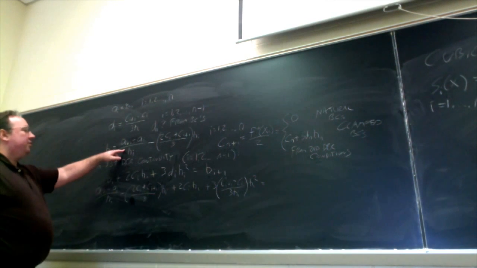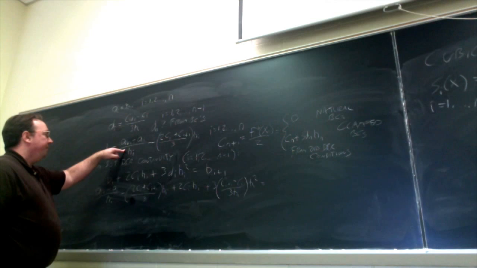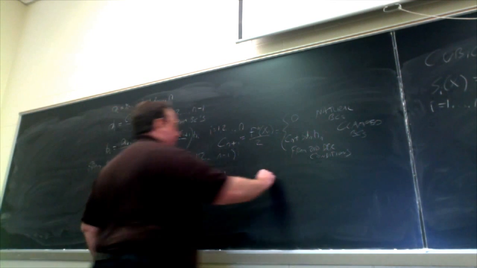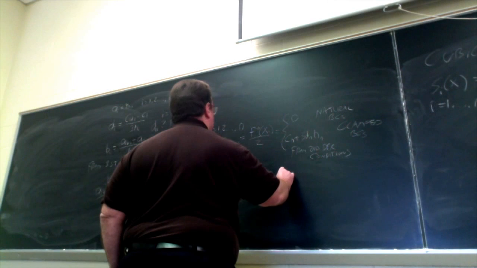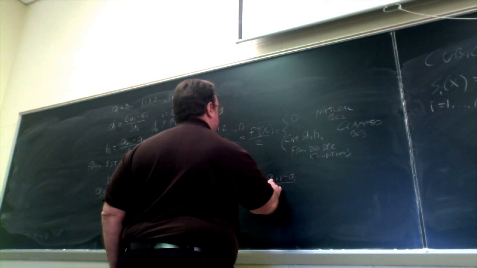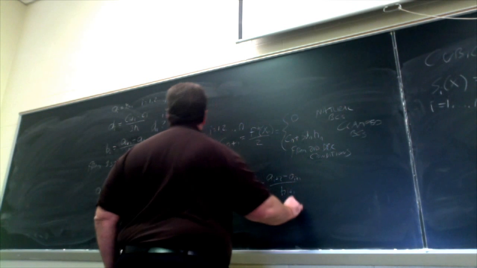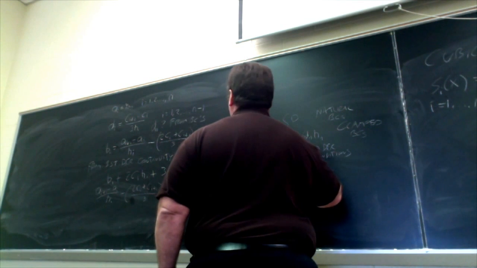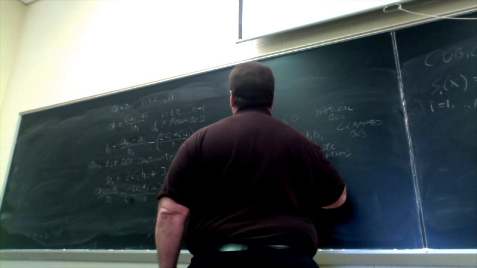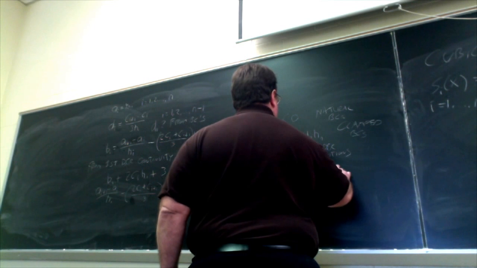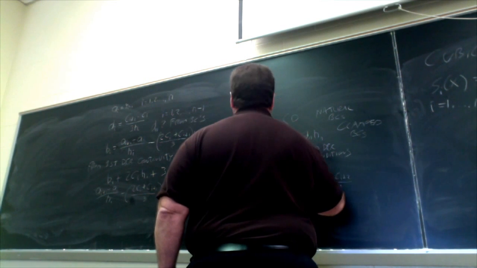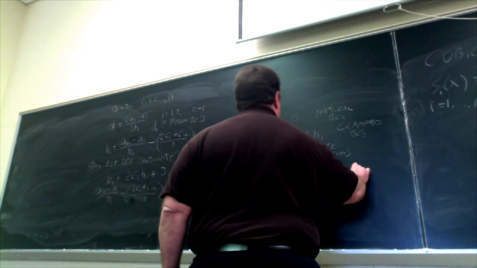That's going to be this with the index shifted up by 1, so (a_{i+2} minus a_{i+1}) over h_{i+1} minus (2c_{i+1} plus c_{i+2}) h_{i+1} over 3.